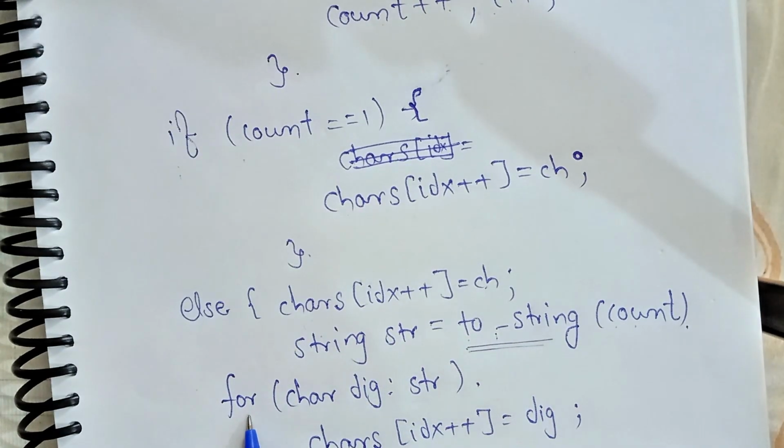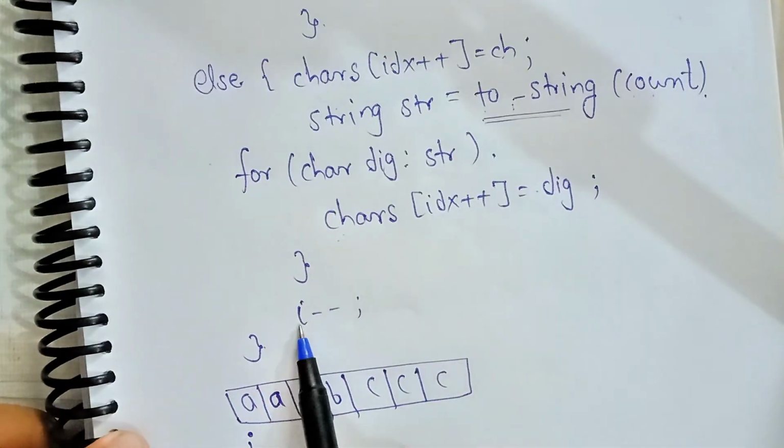So here is a for loop which converts the count to a string. And here we will get chars idx plus plus digit, meaning we will store the value of this count inside the string. So we are already done with the logic part.